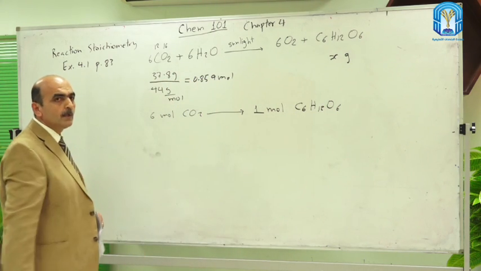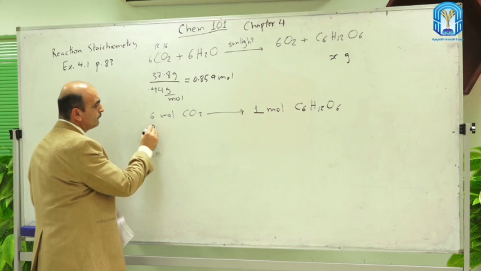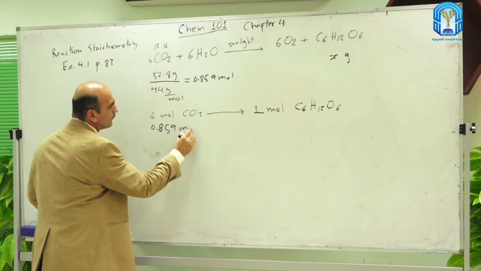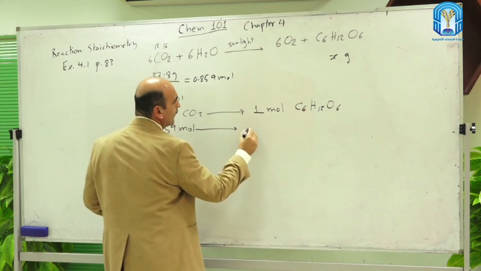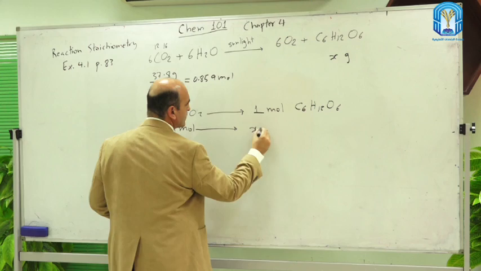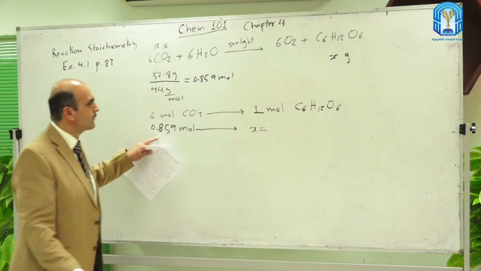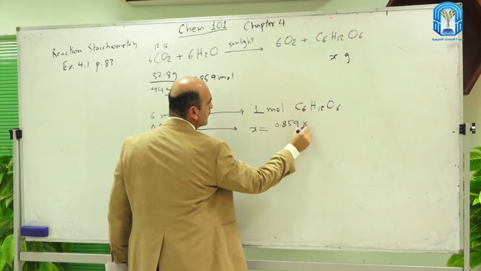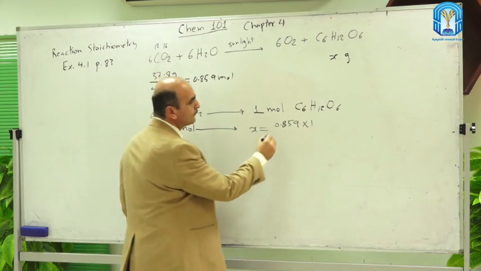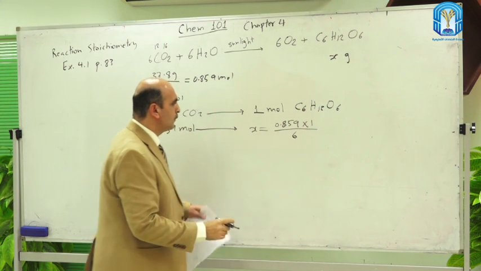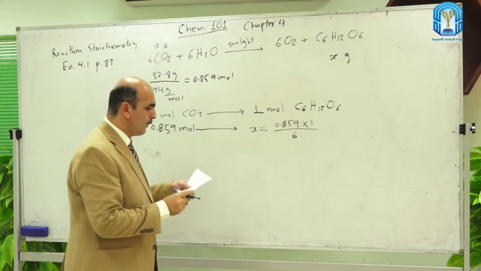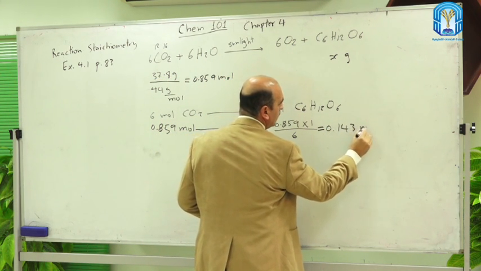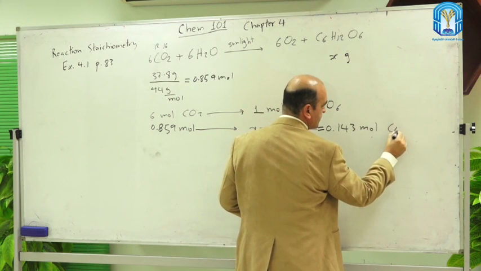But we have in the reaction 0.859 mole, and this gives X mole of glucose. This X is equal to 0.859 times 1 divided by 6. And this is equal to 0.143 mole glucose, C6H12O6.